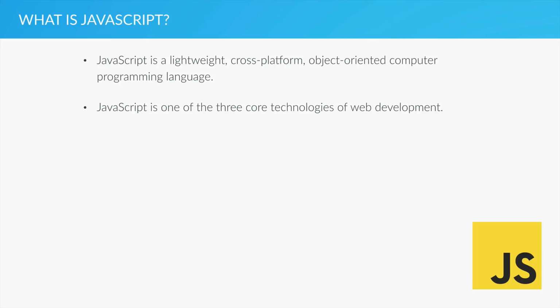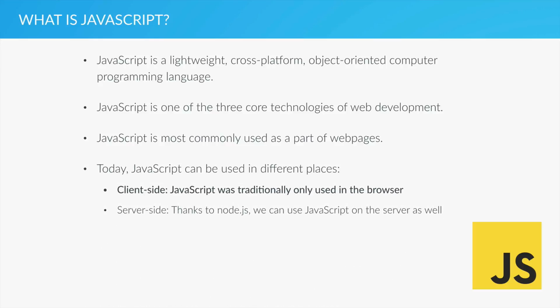Now, together with HTML and CSS, JavaScript is one of the 3 core technologies of web development. So this means that JavaScript is most commonly used as a part of web pages, but it's also used in environments that are not based on the web. But in this course, we will obviously focus only on the web. So on the web, JavaScript was traditionally only used in the browser environment, which means that it's only a client-side language.